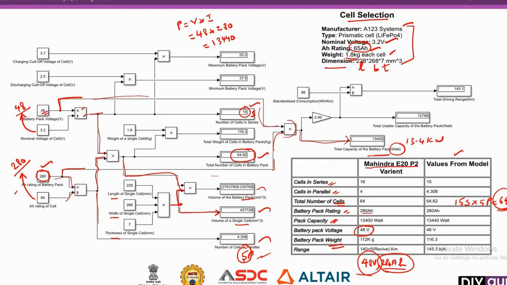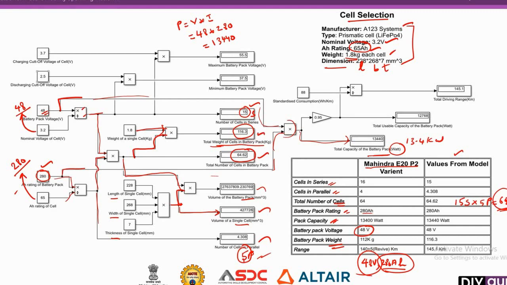This is the total weight of the cells in a battery pack. The total number of cells multiplied by 1.8, which is the weight of the single cell, gives the total battery pack weight as 116 kgs. 116 kgs is the weight of the battery pack.